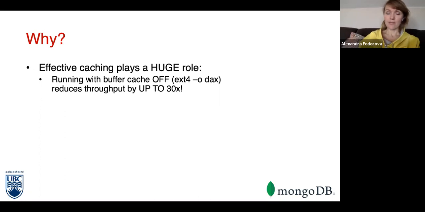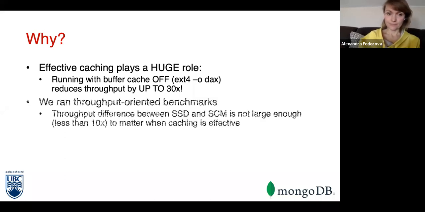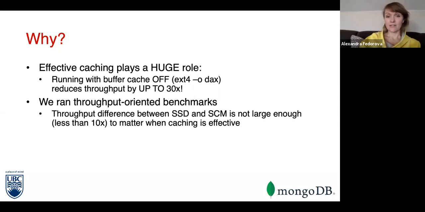So there are many factors in play here. We're using a complex software system with lots of threads. We're doing lots of things in addition to just accessing storage, but caching plays a crucial role here. The second factor is that we're running throughput-oriented benchmarks.